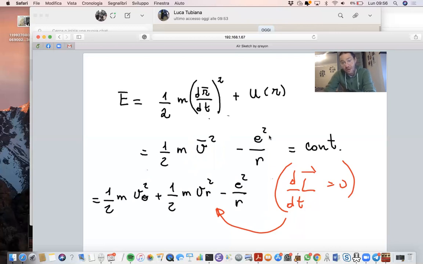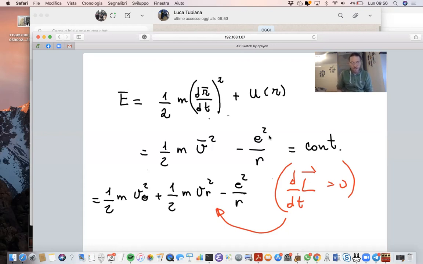So actually it's the third coin. We use one coin for the plane. We use a second coin, which is writing down that this quantity is going to be conserved, the energy. Now we're going to use the third coin, which is using again the conservation of angular momentum to simplify this expression. We can use it twice because the conservation of angular momentum is actually three equations. So we only have used one of them. We have two more. And we just need to use one more.